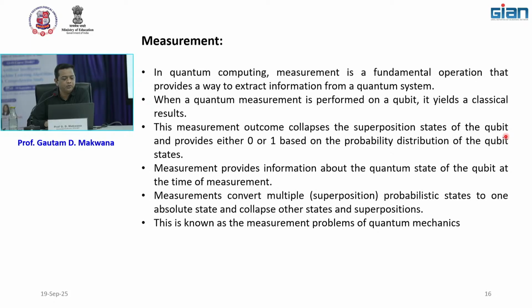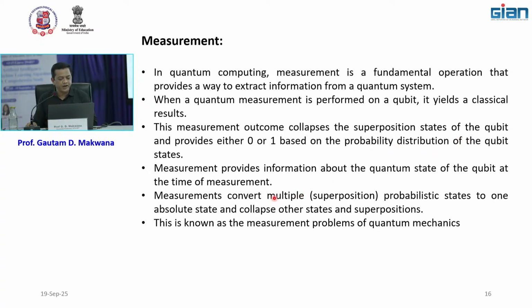Now, whenever you do quantum computing, there is the measurement of the state. In quantum computing, measurement is a fundamental operation that provides a way to extract information from the quantum system. When a quantum measurement is performed on a qubit, it yields a classical result. The measurement outcome collapses the superposition state of the qubit and provides either 0 or 1 based on the probability distribution of the state.